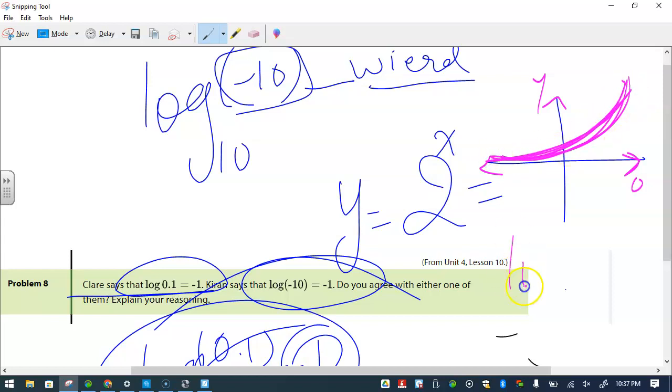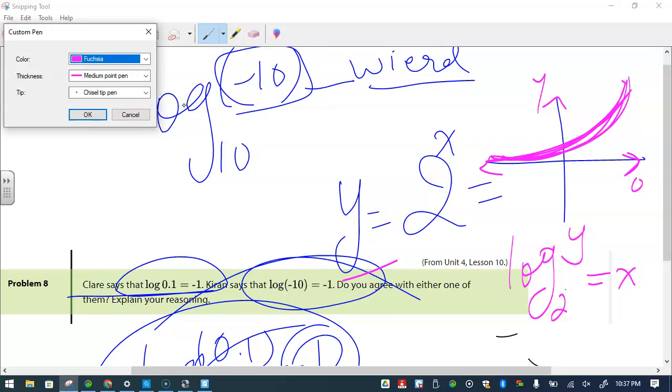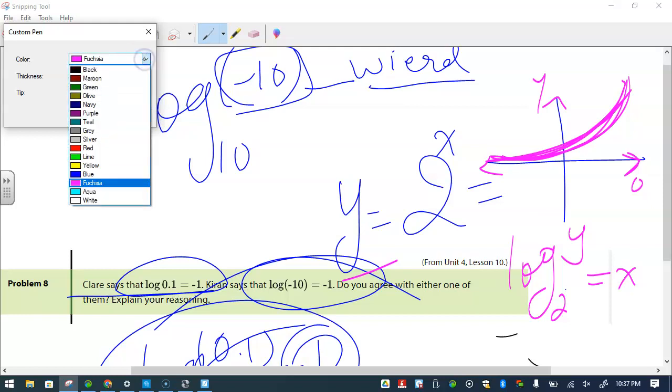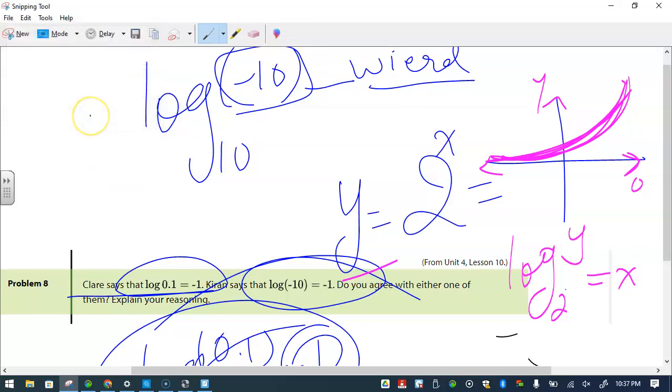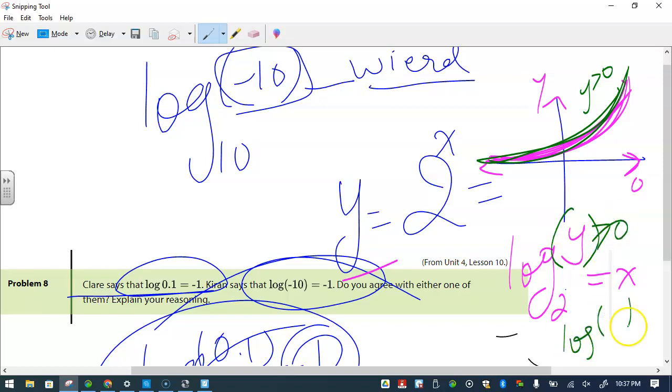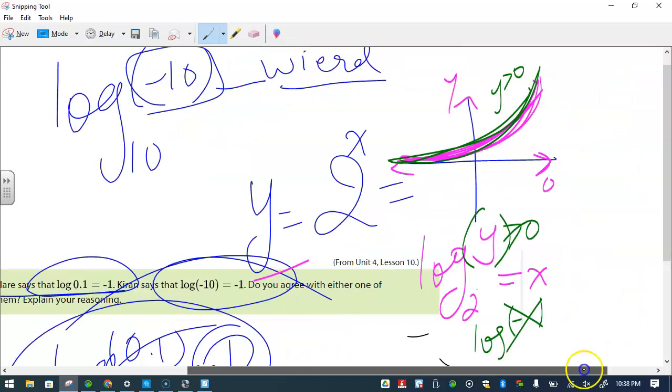When you flip and write the logarithm of this, it is log of y to the base 2, you get x, right? So if you see this, this is y, and y is greater than 0. This y has to be greater than 0. So how can you even think of having a negative here? So that's what I'm trying to say.